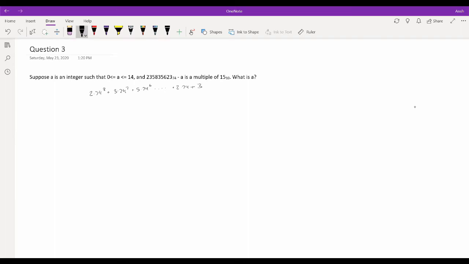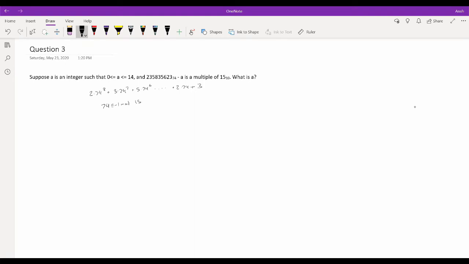Right? And you can see this is a bit similar to our last problem, where we have a bunch of powers of numbers. And it's also similar in that if you look at 74, which is the thing we're taking to a bunch of powers, if you take it in mod 15, it's -1, just like how before 9 in mod 10 was -1.